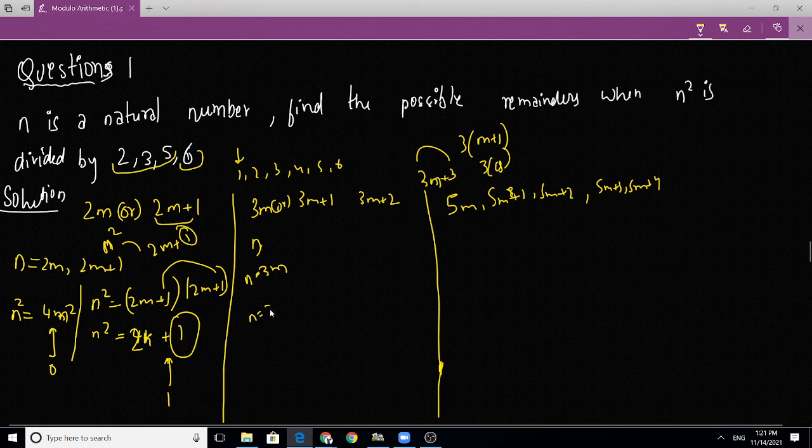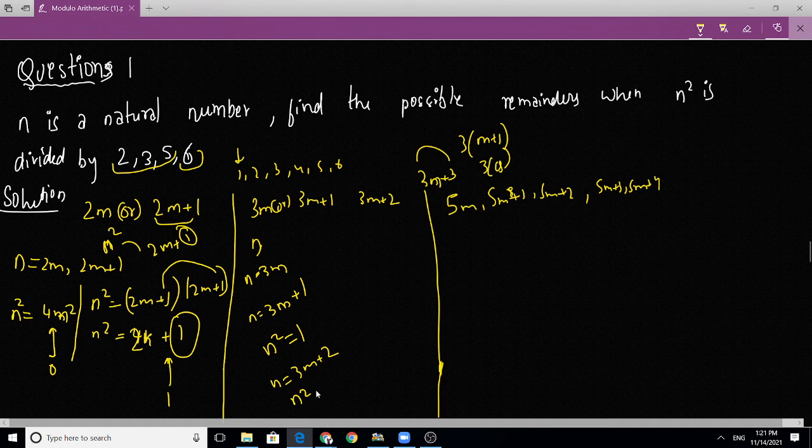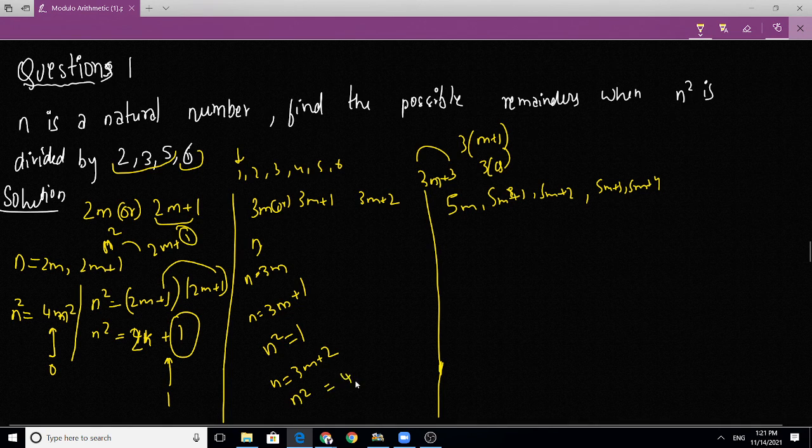If n is in the form of 3m plus 1, then n square will leave a remainder 1 when divided by 3. When n is in the form of 3m plus 2, then n square leaves a remainder 4, which is nothing but 2 square. So n square will leave a remainder 1.